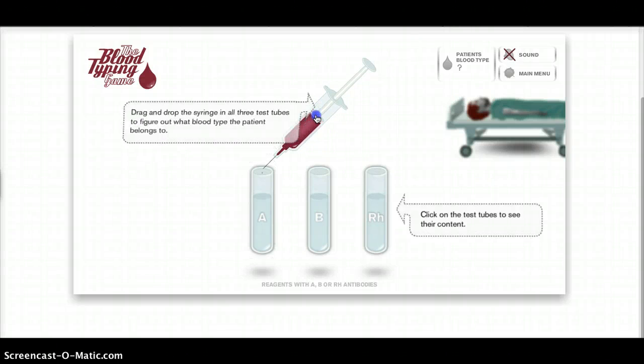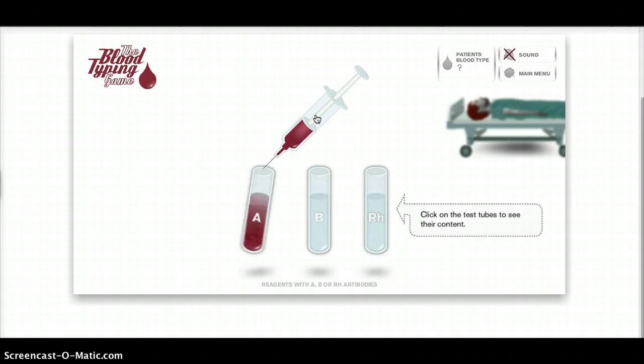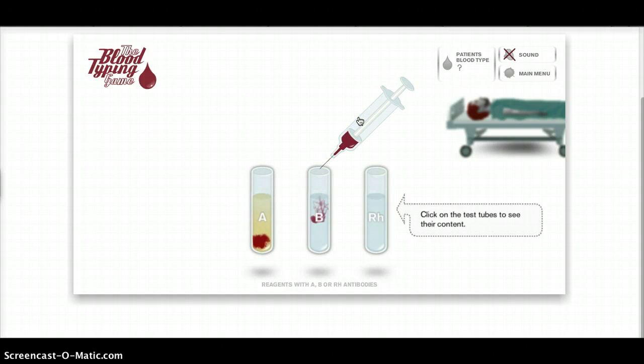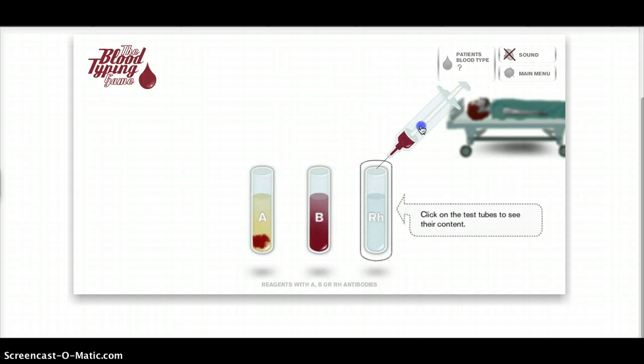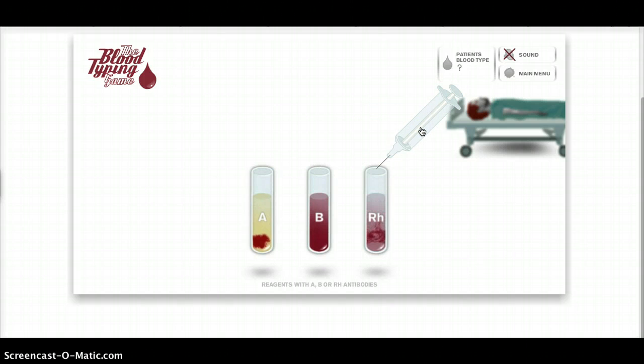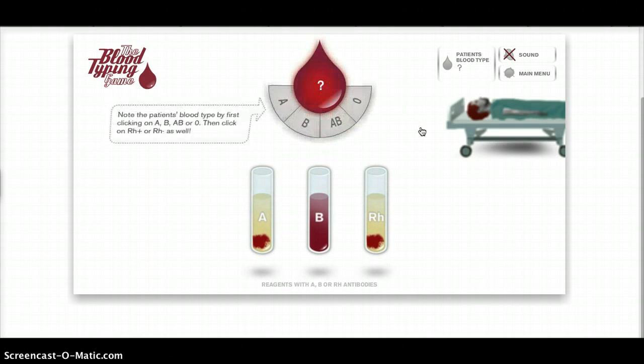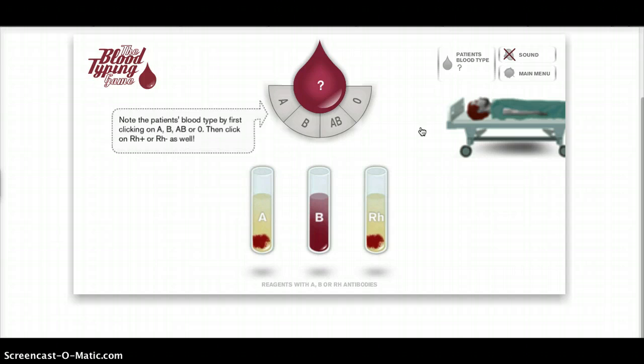So in order to determine the blood type, they need to add the patient's blood to 3 different tubes. Each one contains a different antibody. Based on what they've learned in class and what they've reviewed in the tutorials, they will know what to look for in order to determine the patient's blood type.